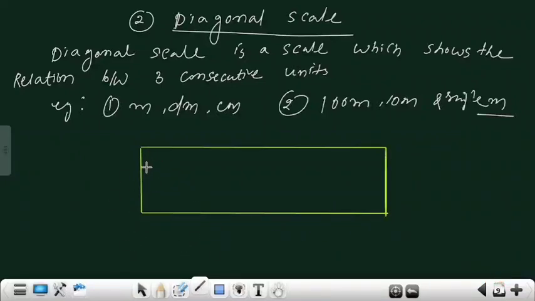This is the 400-meter scale, and we have to divide it into four equal parts.